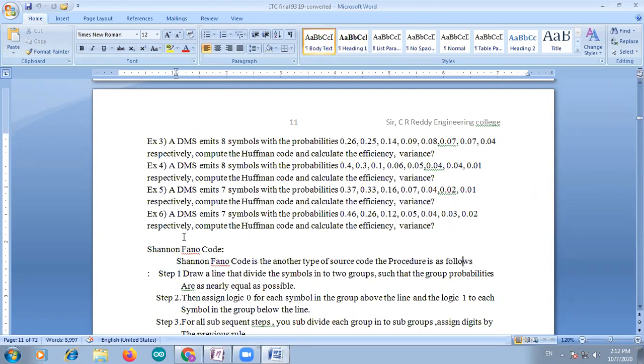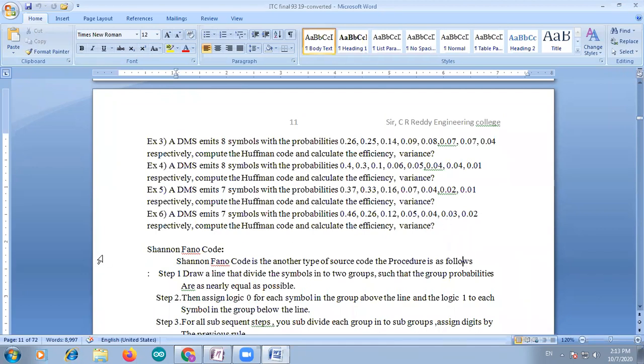And the last, fourth one: a discrete memoryless source emits 7 symbols with the probabilities 0.46, 0.26, 0.12, 0.05, 0.04, 0.03, 0.02 respectively.